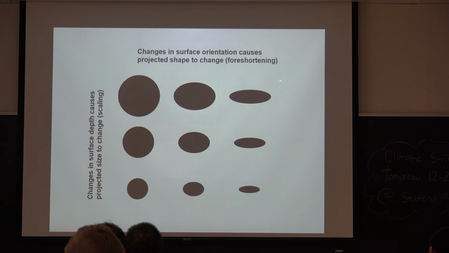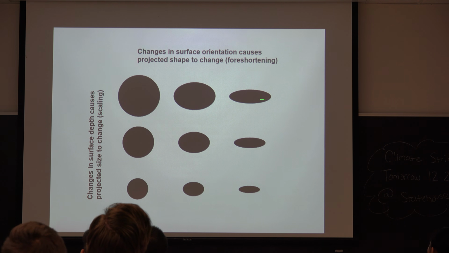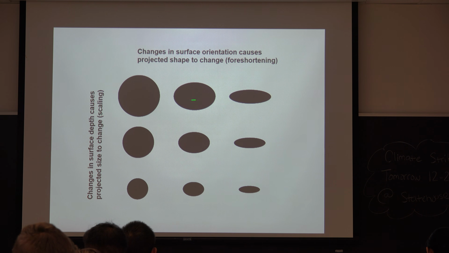Now we can summarize those two things in this slide. As you change the orientation of an object, its projected shape changes. This is often referred to as foreshortening or compression. And if we change the viewing distance, the projected size changes. This is often referred to as scaling.